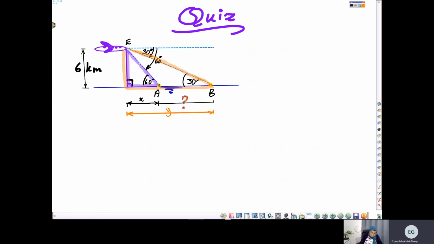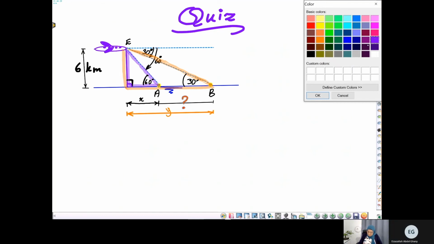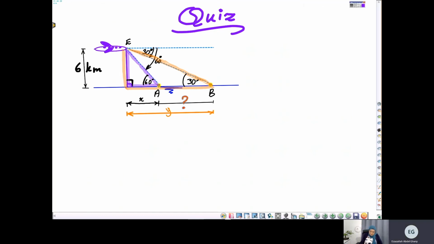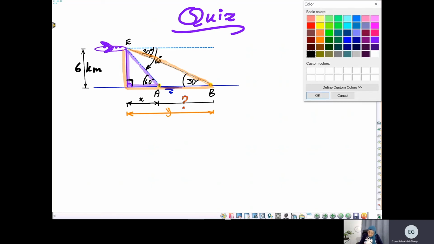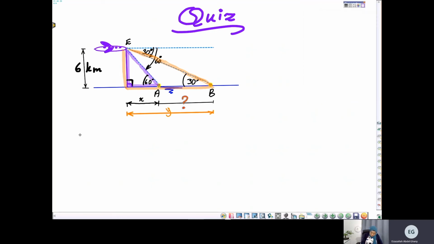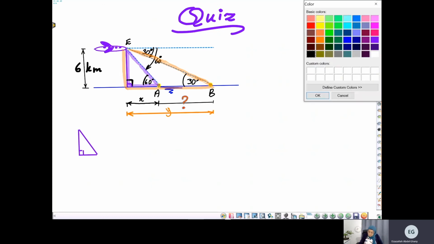And then, in order to find AB, what will you do? Subtract. Correct. Now, who will answer the first part, which is the purple triangle? I prefer you extract the triangle, write all information on it. It will make it easier for you to start everything without any mistake.